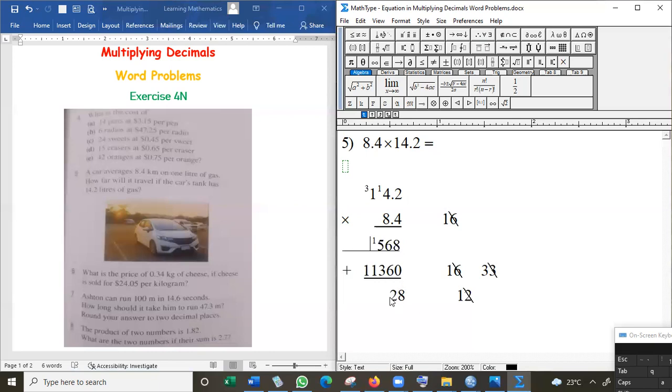Okay, 8 plus 0 is 8. 6 plus 6 is 12. Bring the 2, carry 1. 5 plus 3 is 8, and 1 is 9. 1 plus 0 is 1. 1 plus 0 is 1.